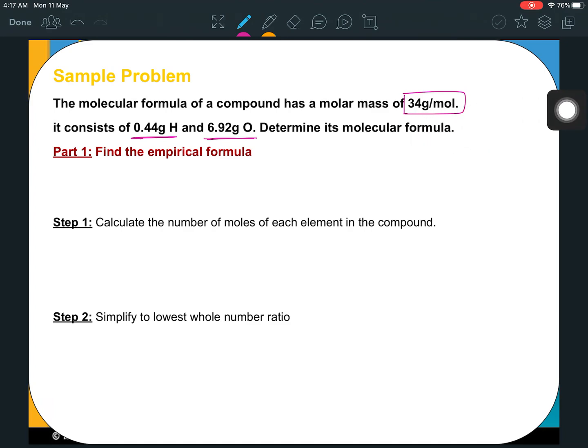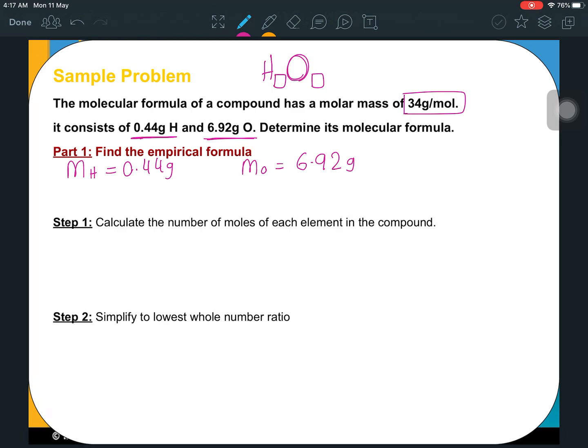So I know that the mass of hydrogen in my compound, remember my compound is made up of one hydrogen and an oxygen, I'm just trying to find out how many of each one of them I need. The mass of hydrogen is 0.44 grams, and the mass of oxygen is 6.92 grams.